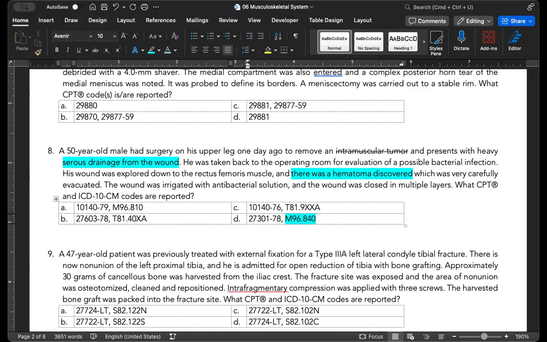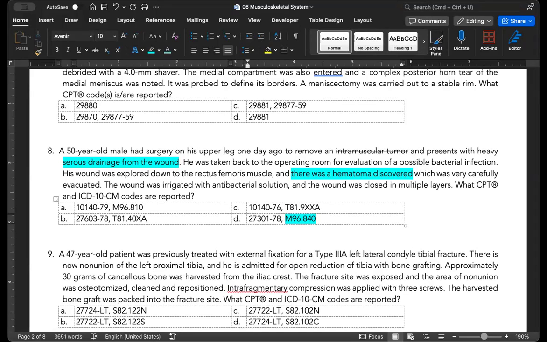So let's transition to CPT. Let's get our CPT manual out. What is the procedure that we did? Any guesses?